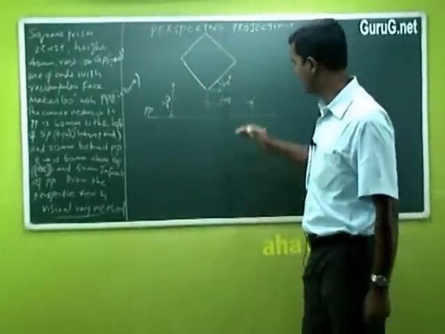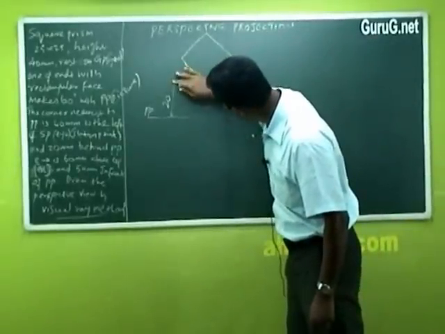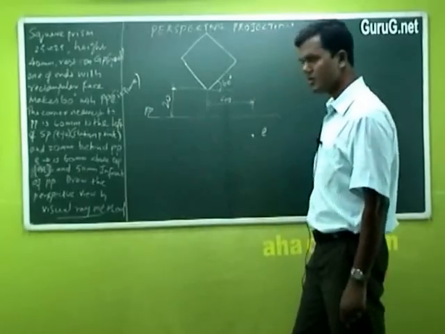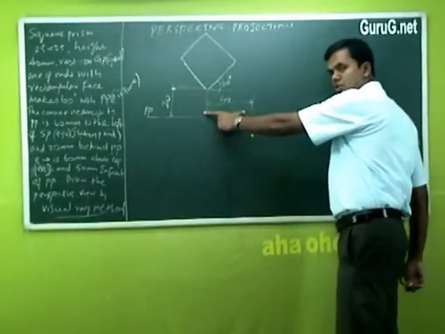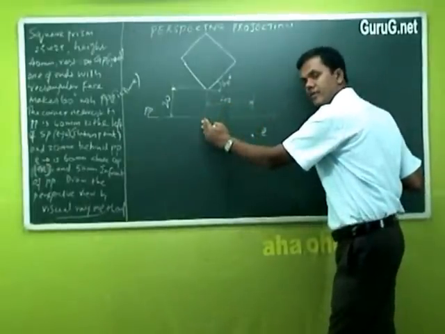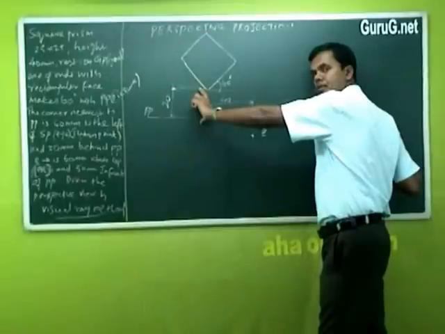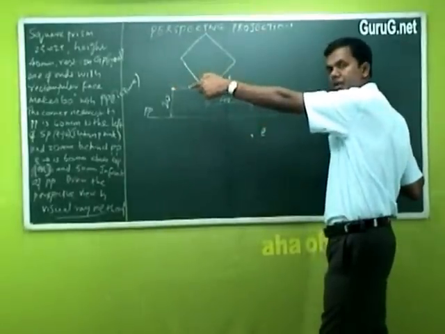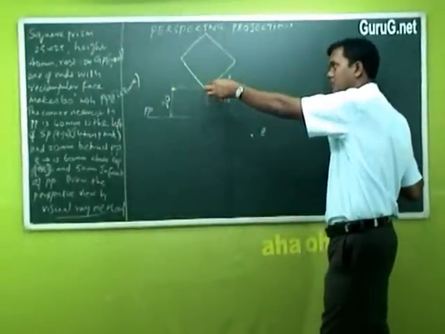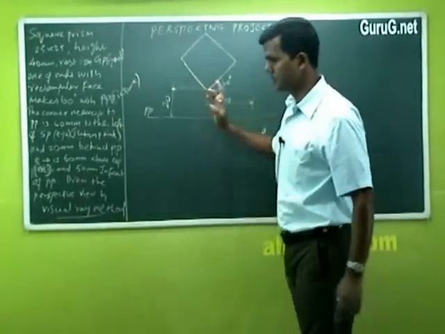Is this clear? This 40 is measured from the station point E, to the left, where the corner nearest to PP lies. So the first two steps define where this corner should lie. That's it. Now it's 20 millimeter.